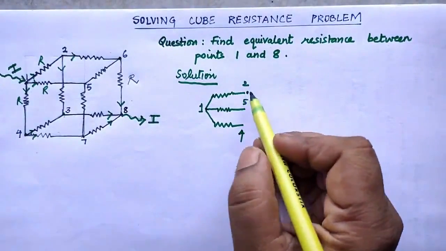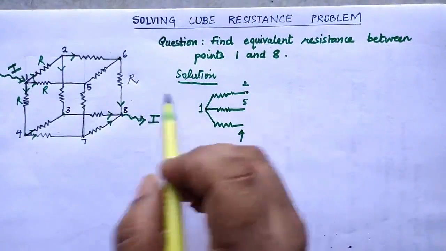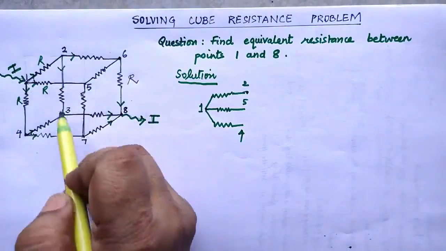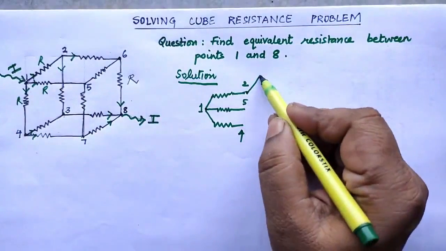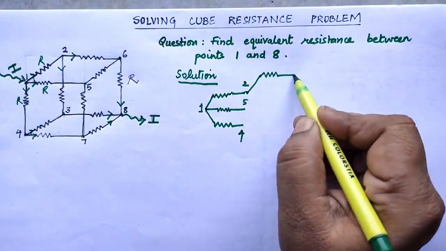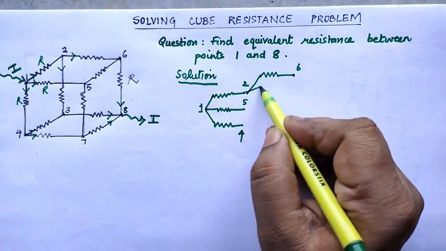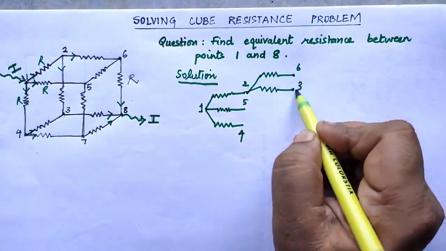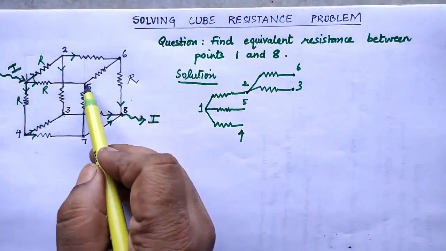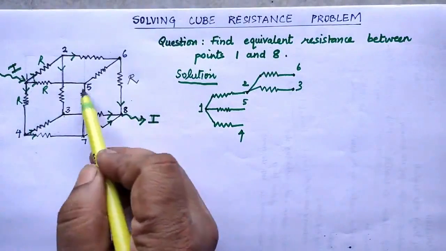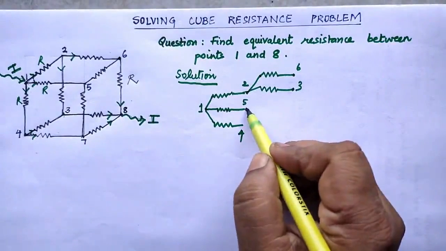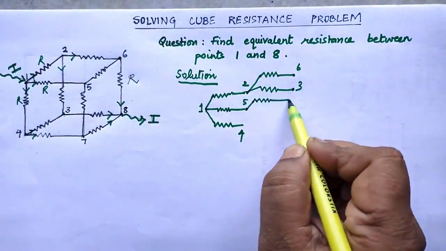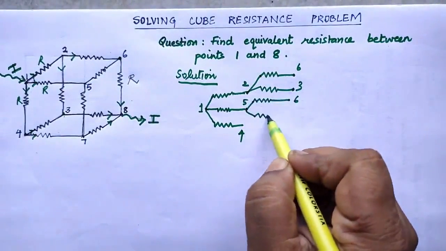Now from these points 2, 5, 4 we have point 6 and point 3. From point 2 we have point 6 and point 3. Then from point 5 we have point 6 and point 7.